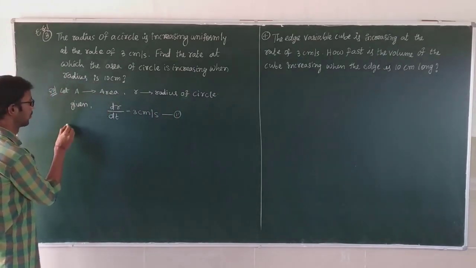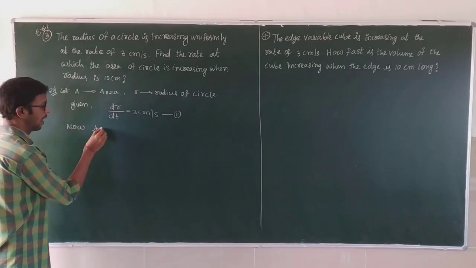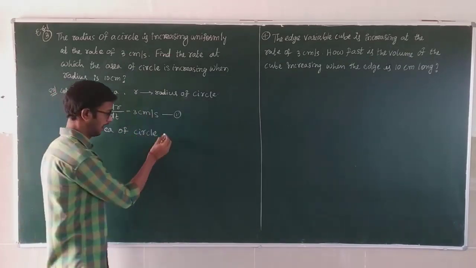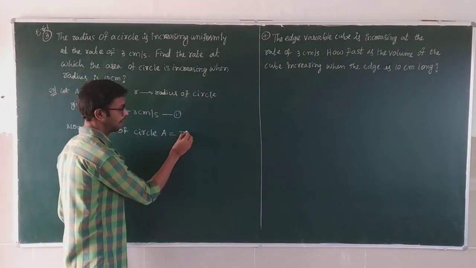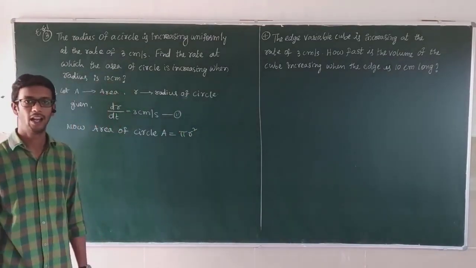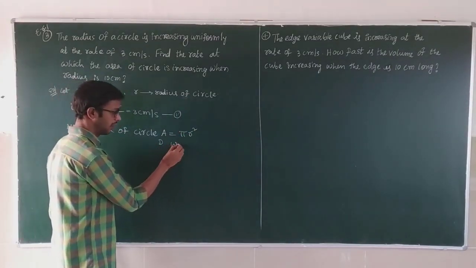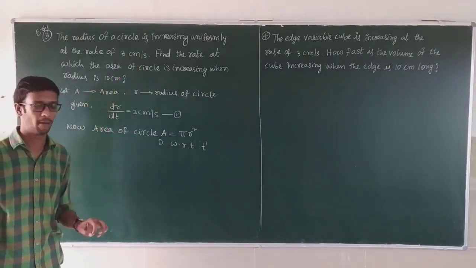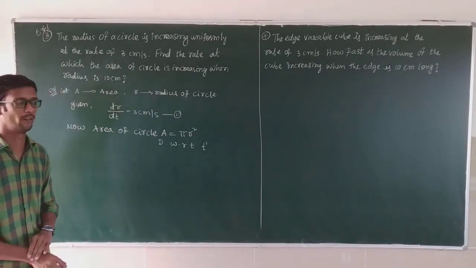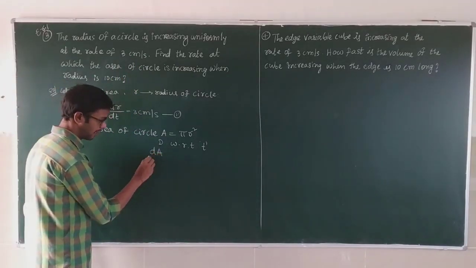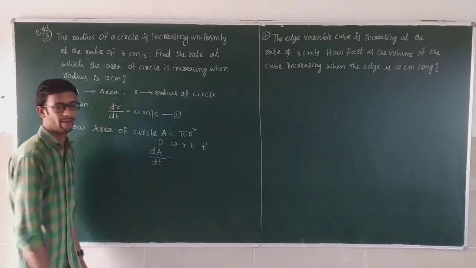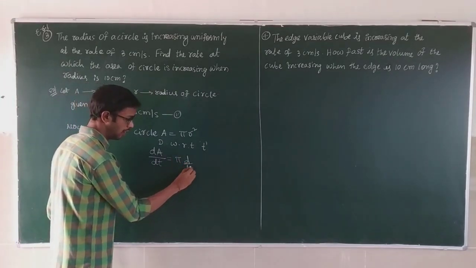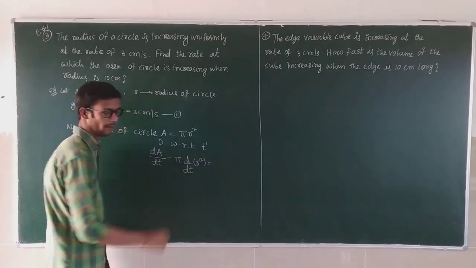Now, the area of the circle, capital A, is equal to pi r square. Differentiate with respect to time. Why? Because it is given with respect to time, so we have to differentiate only with respect to time. The rate of change of area with respect to time, dA by dt, is equal to pi into d by dt of r square.